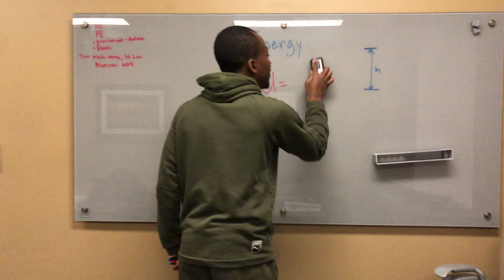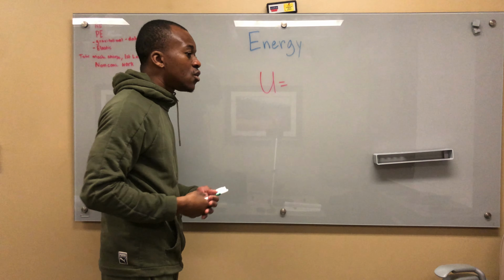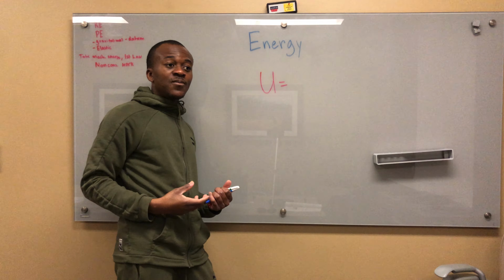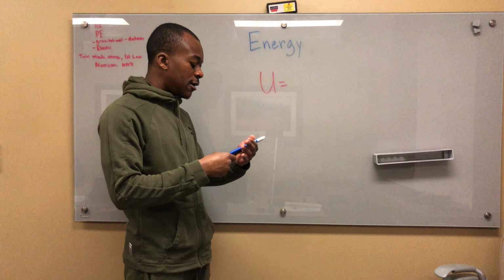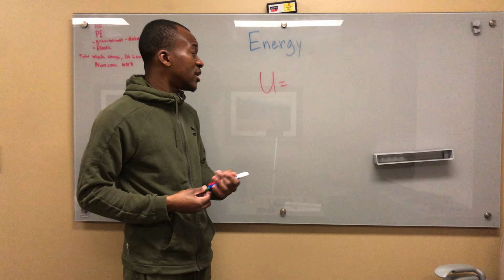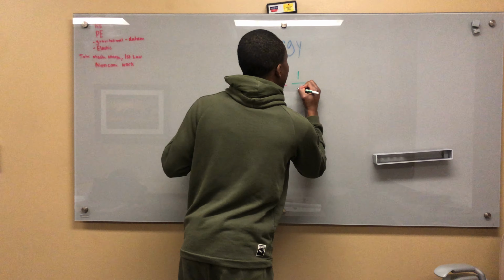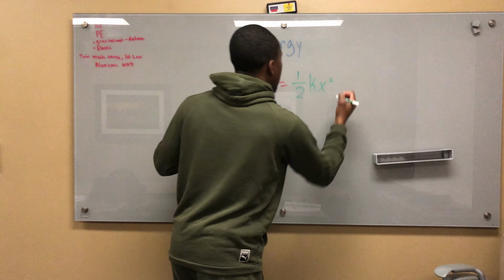Likewise, you can also have elastic potential energy. Remember, potential energy is the potential to do work, right? So things like springs also have potential energy, and a spring's potential energy is given by half kx squared.